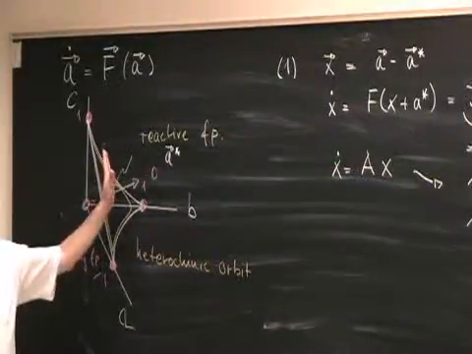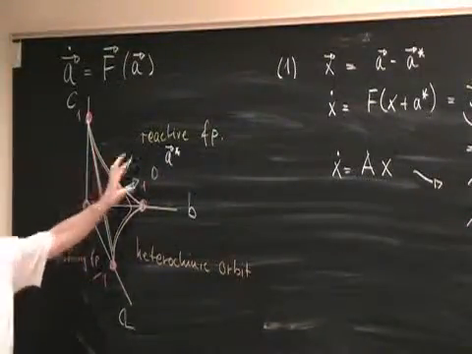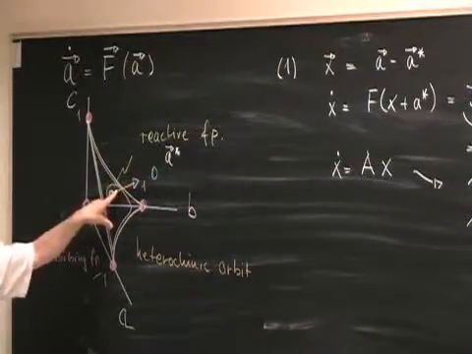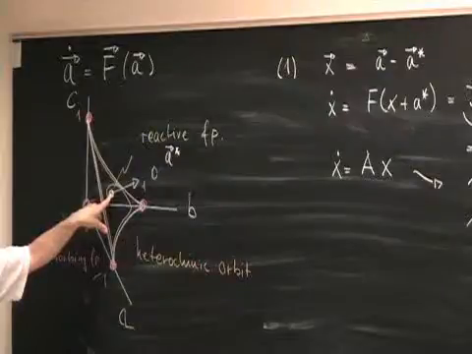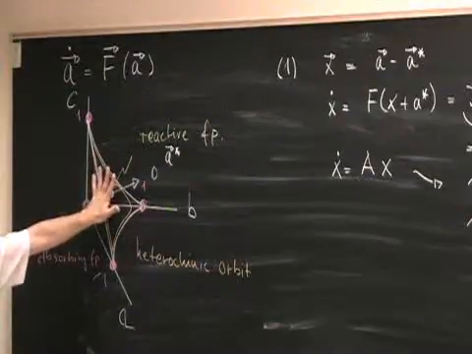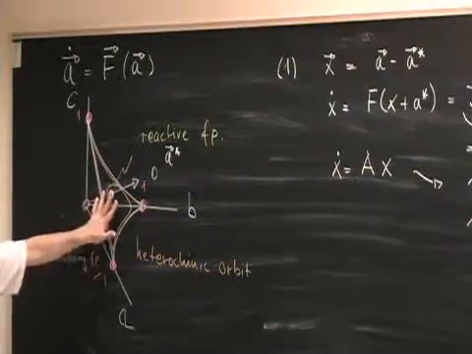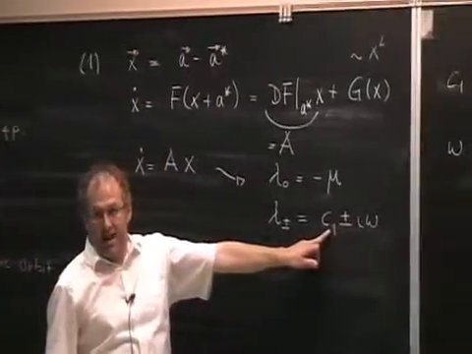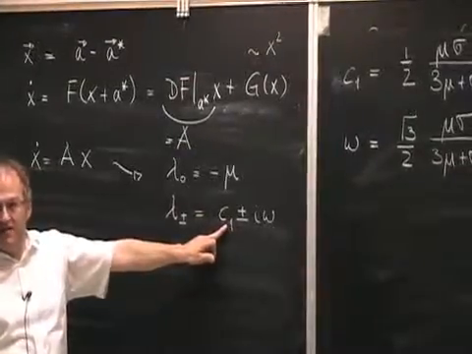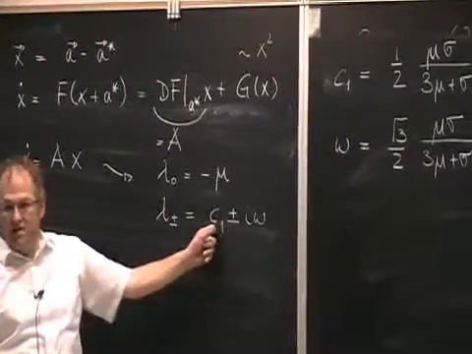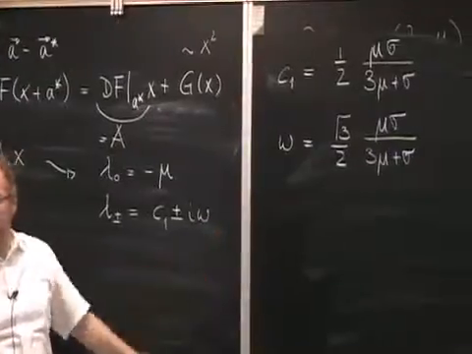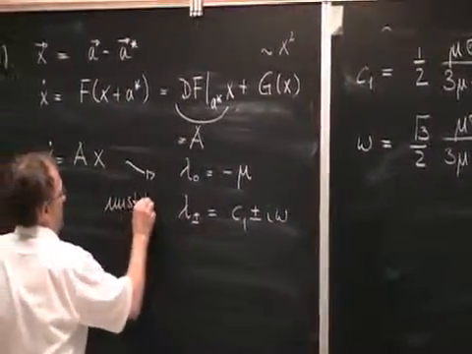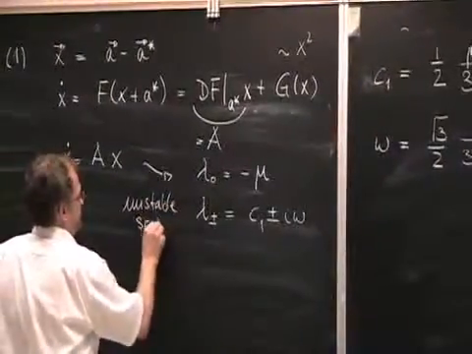So all the flow is sucked along this stable direction onto this fixed point, or if you're somewhere else, onto this invariant manifold. And on the invariant manifold, you have a complex set of eigenvalues, and that means you have an unstable spiral, since C1 is positive and omega is also positive. So this here is an unstable spiral.